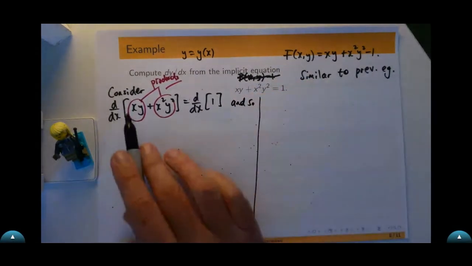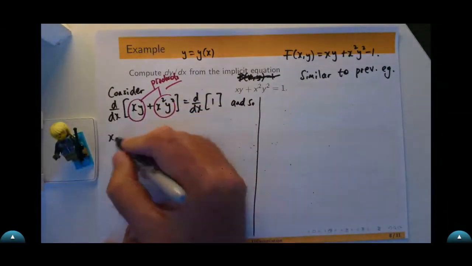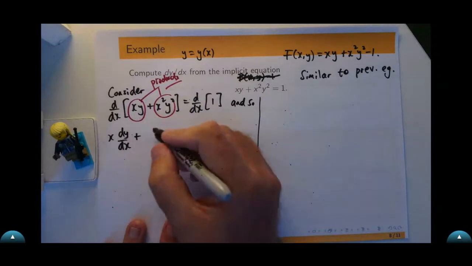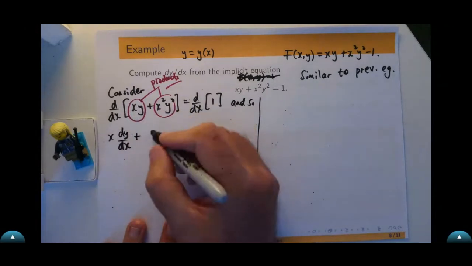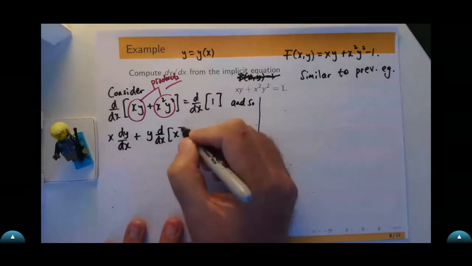So let's work that out first. So let's do the chain rule first on this one, okay? So it's going to be x times dy dx plus y times d dx.